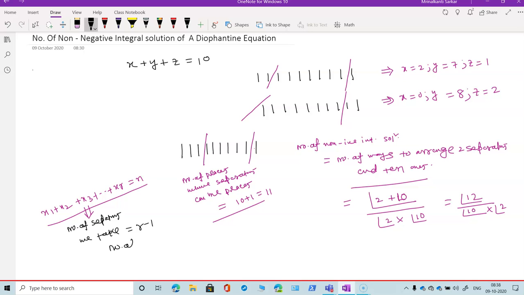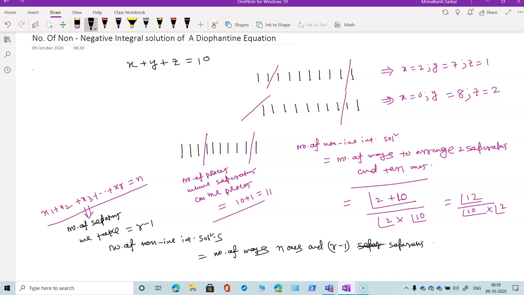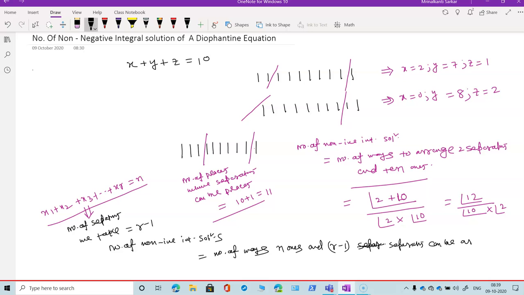So the number of non-negative integral solutions is equal to the number of ways n ones and r minus 1 separators can be arranged.